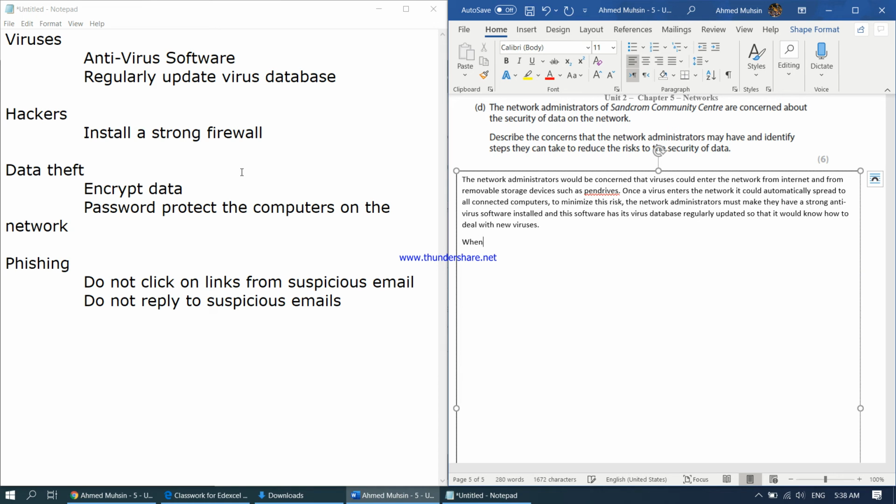When it comes to the network being connected to the internet, a major concern would be that hackers could break into, what's the name of the organization, into Sandcrom's network.